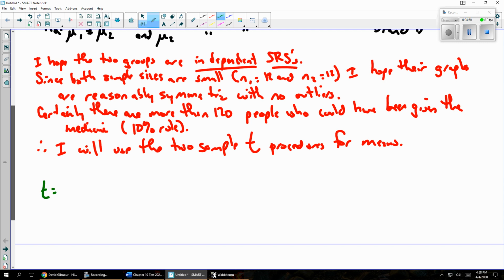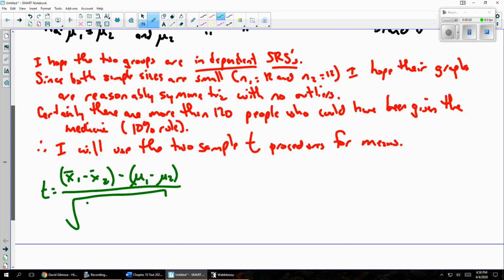t equals x bar 1 minus x bar 2. That's the statistic minus the parameter over the standard error of the estimate, square root of s1 squared over n1 plus s2 squared over n2.